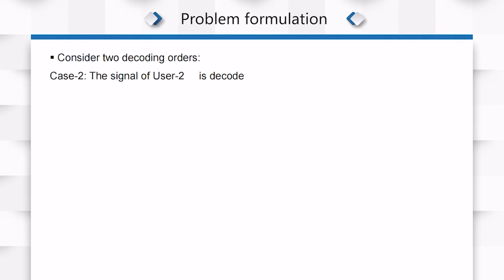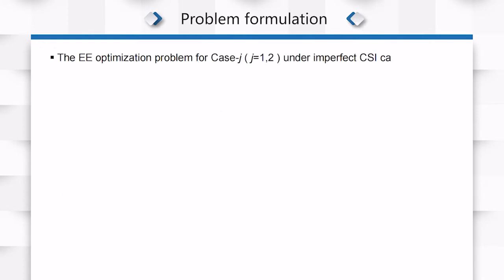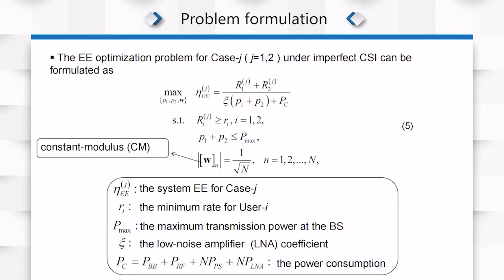Similarly, case 2 is that the signal of user 2 is decoded first, and the achievable rates are as follows. Therefore, the energy efficiency optimization problem in both cases with imperfect CSI is formulated as equation 5, subject to the minimal rates, maximal power consumption, and constant modulus constraints.